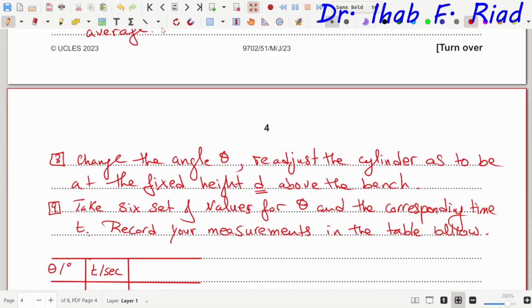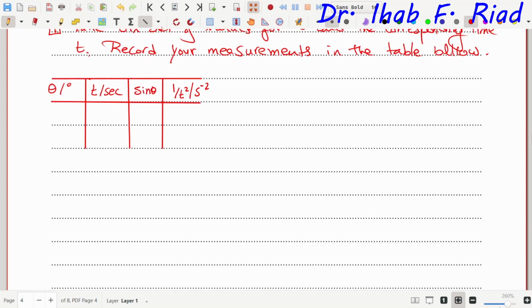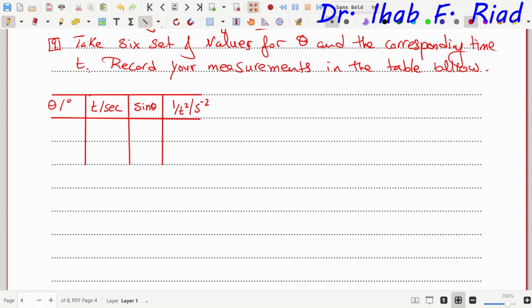So we have to complete the table. We have sine theta. We don't have units for sine theta. And we have 1 over t squared with the unit s to the power minus 2, or seconds minus 2. So this is how our table is going to look. Now, step number 10.